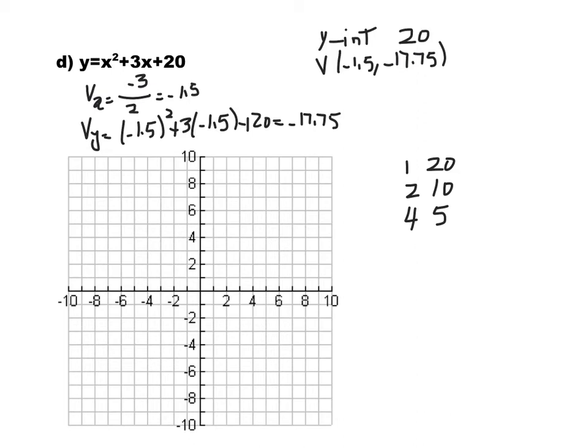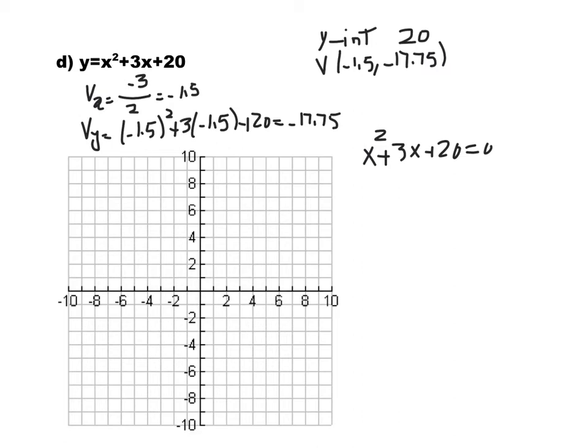So the question is, how are we going to find the x-intercept if the quadratic is not factorable? In cases like this one, where the quadratic is not factorable, we have to use the quadratic formula. Because to find the x-intercepts, I have to find the solution to this equation equal to 0.